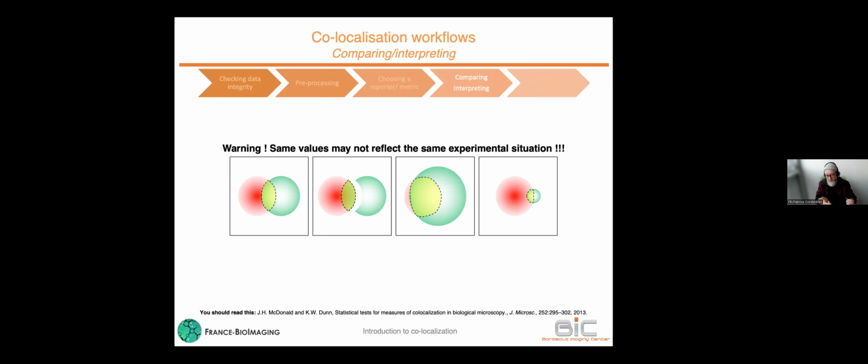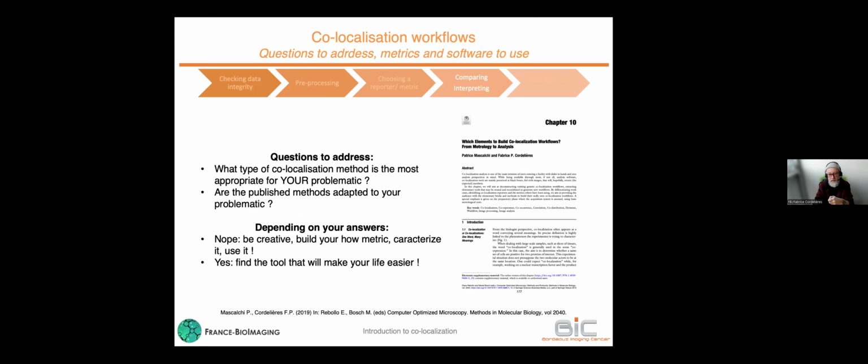Well, it's a bit colocalization, but also the change in size and distribution of my signal. So always keep that in mind and always go back to the image and try to guess the kind of additional metrics that could help in interpreting and drawing conclusions.